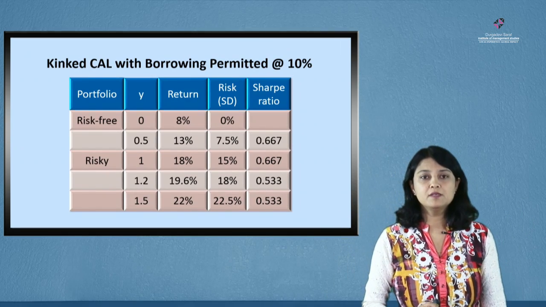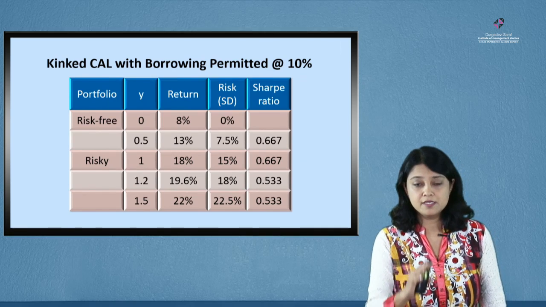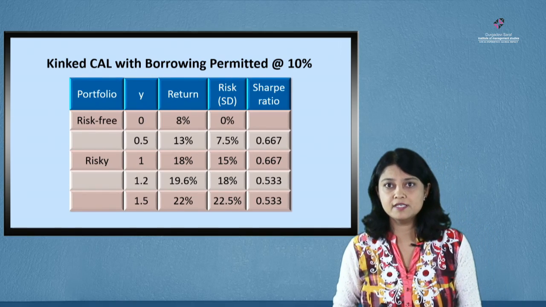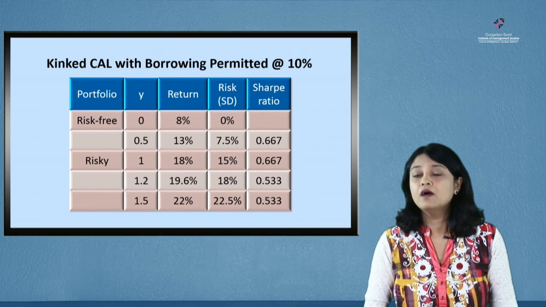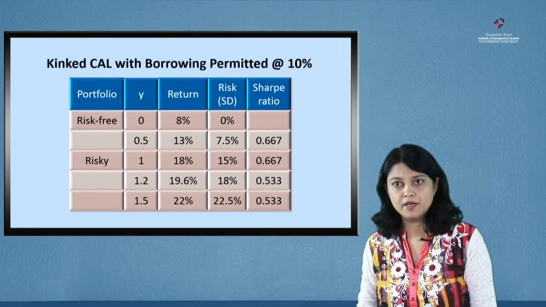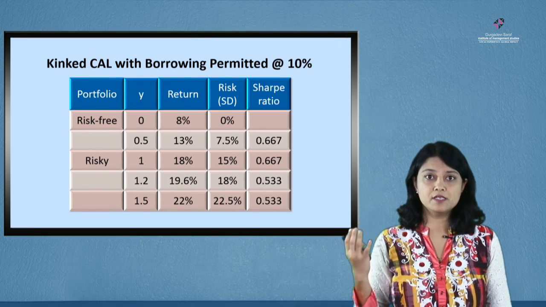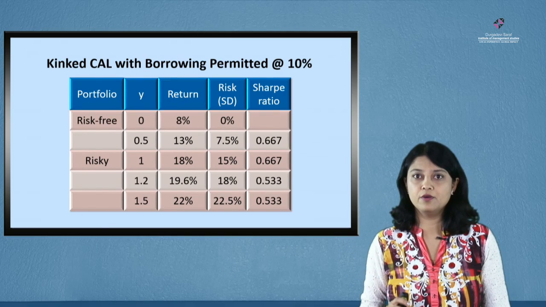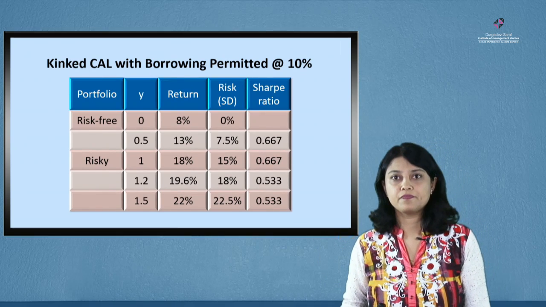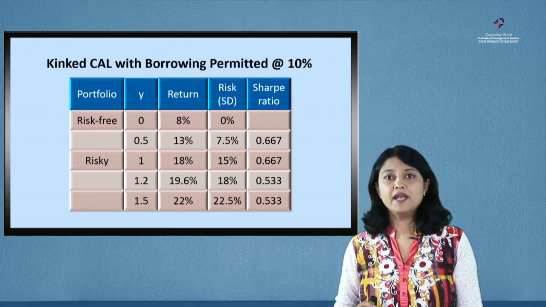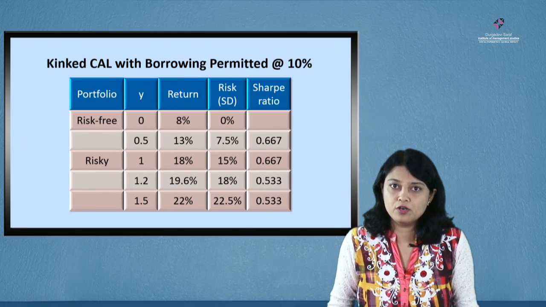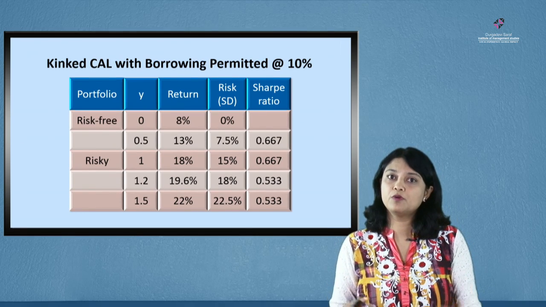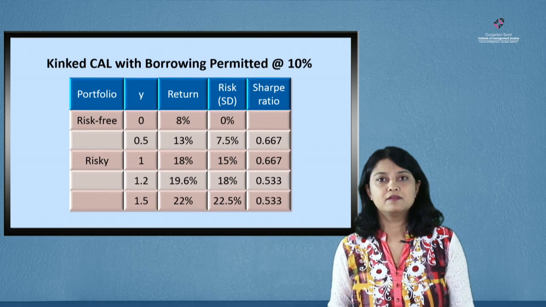Here, the person borrowing 20% of money is getting 19.6% using the same portfolio. The person borrowing 50% of money is getting 22%. Oh wow, getting that with the same portfolio, 18, 15. Then, am I not tempted to borrow? Should I not conclude that I must borrow?